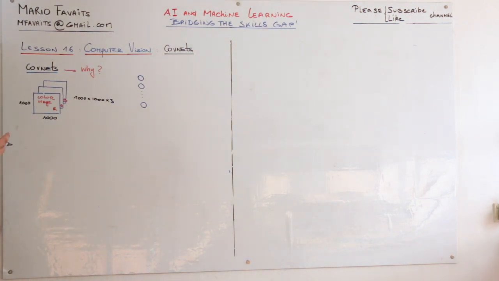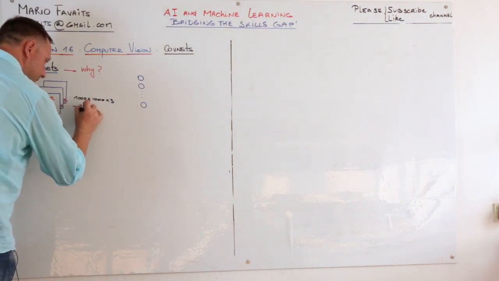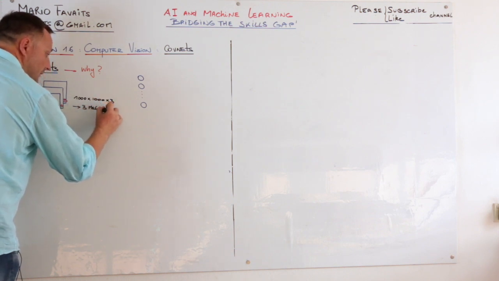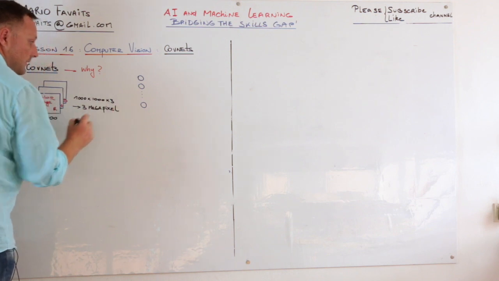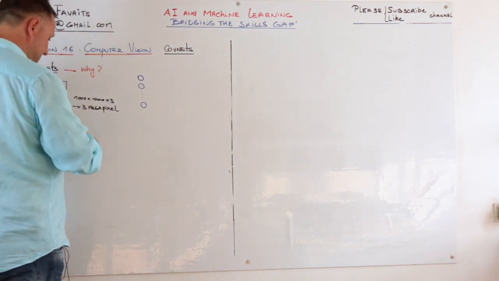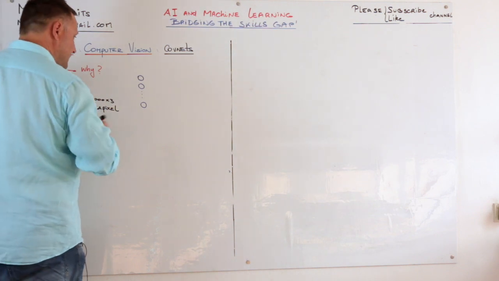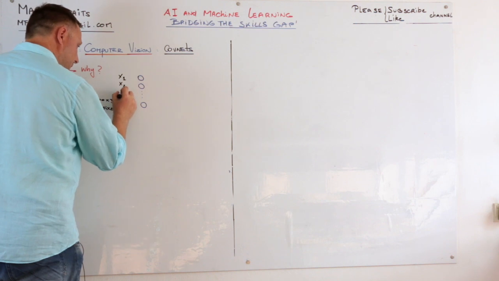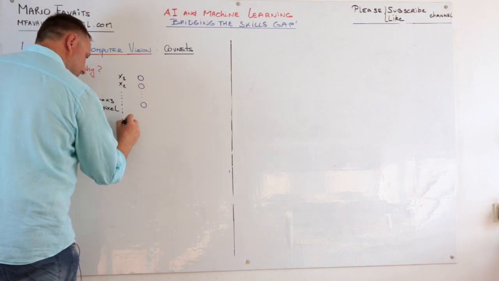Every pixel is a feature. So this is 3 megapixel. These are your inputs. So basically what you have here, you have your x1, x2, all the way down to x 3 million.